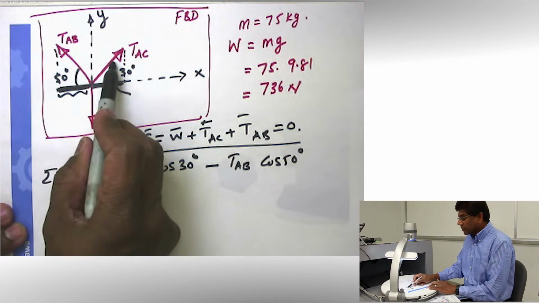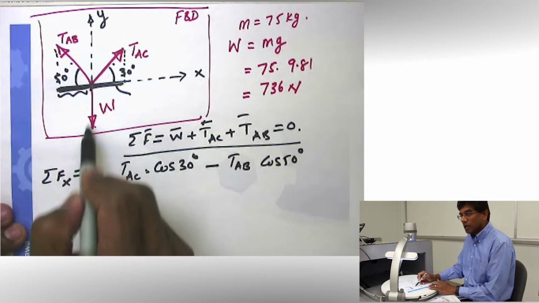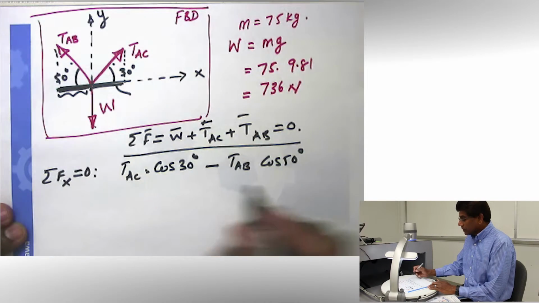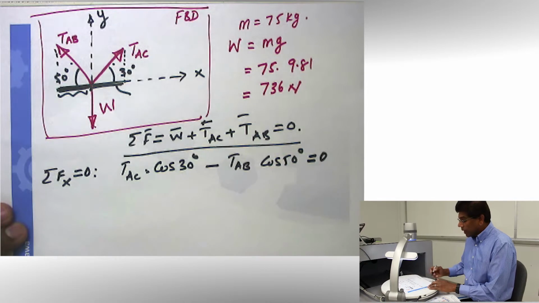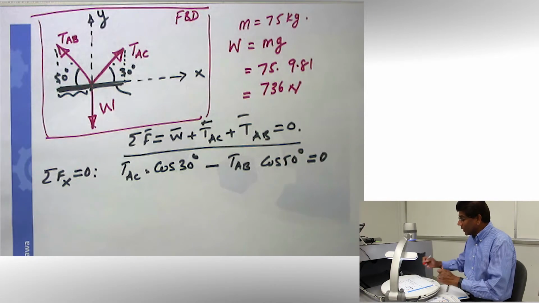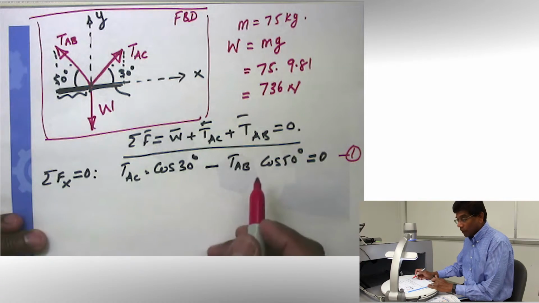So x component of TAC, x component of TAB, and as you can see, there is no x component of weight, so there is nothing else going on, so this is going to be equal to 0, and that's my first equation. Realize this is one equation with 2 unknowns.